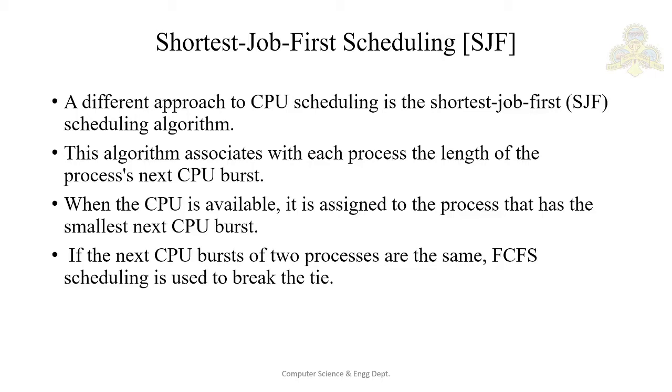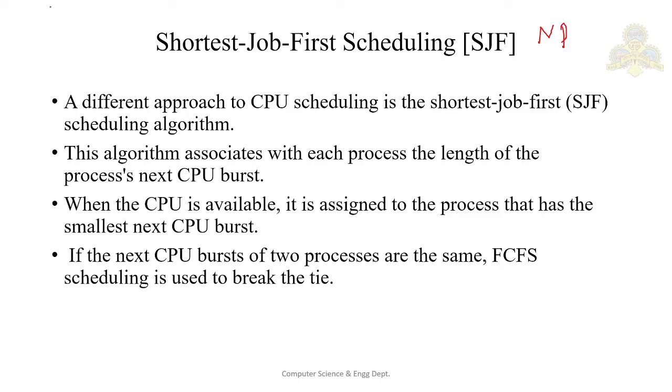Whenever a problem is given and they tell you to draw the Gantt chart and calculate waiting time and turnaround time using SJF, that specifically means you have to use the non-preemptive flavor of SJF. I'll tell you how to solve the problem using the non-preemptive method.